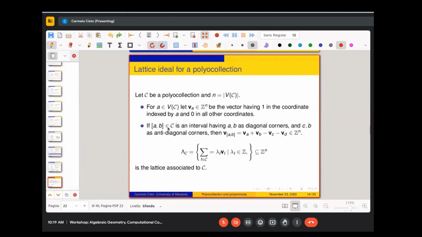Now, for every interval belonging to the collection, we can associate the vector e_a plus e_b minus e_c minus e_d, where a and b are the diagonal corners of the interval, while c and d are the anti-diagonal corners. Taking all intervals of the collection, we can consider the subgroup of Z^n generated by these vectors. This is the lattice associated to the collection C.